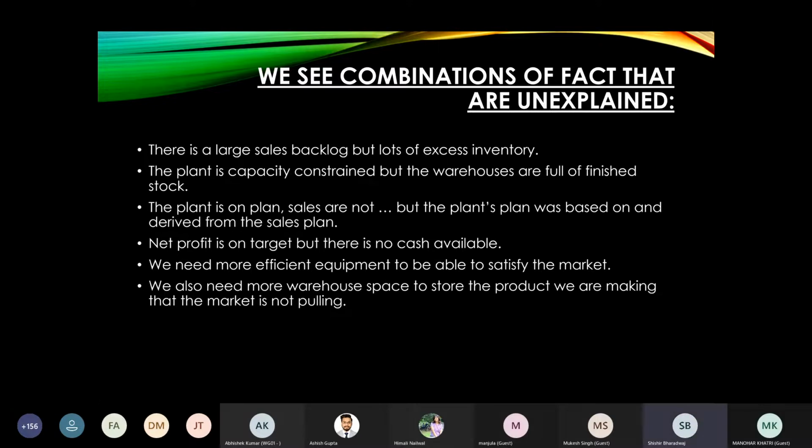We need more efficient equipment to be able to supply to the demand. So if we don't have efficient equipment, how do we meet the demand? This is a mindset arising from the belief that if we don't have a low cost product, how do we satisfy the demand? And to my surprise, one of my clients just told me that for so long marketing has been telling us to reduce the cost, and we have managed to reduce the cost of our production, and suddenly the demand has evaporated.